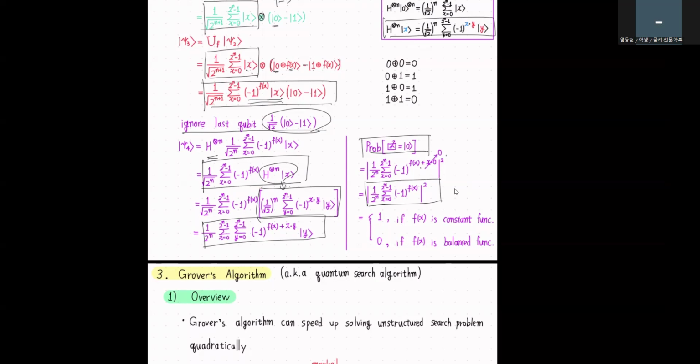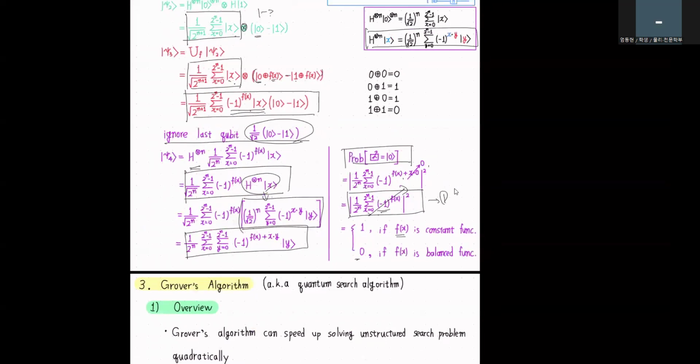And if f of x is a constant function, this will either be minus 1 or 1. So this all adds up to 2 to the n, and this will be 1, of course. But if it's a balanced function, half of these values will be 1, half of these values will be minus 1, resulting in 0.